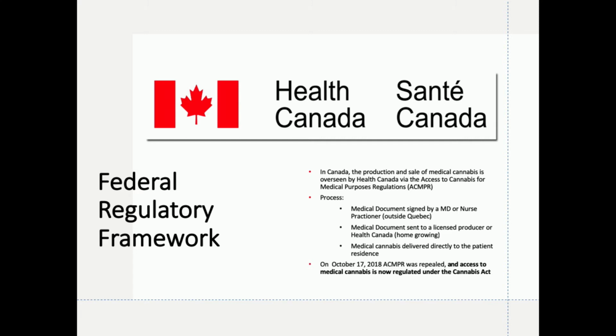And the third thing is that medicinal cannabis cannot be bought at a shop or at a pharmacy. The only way that a patient can access this cannabis is delivered directly to them at home by courier. So that is another important piece of legislation.